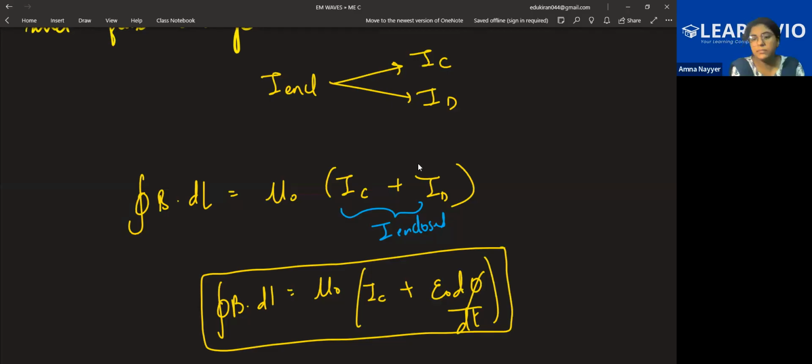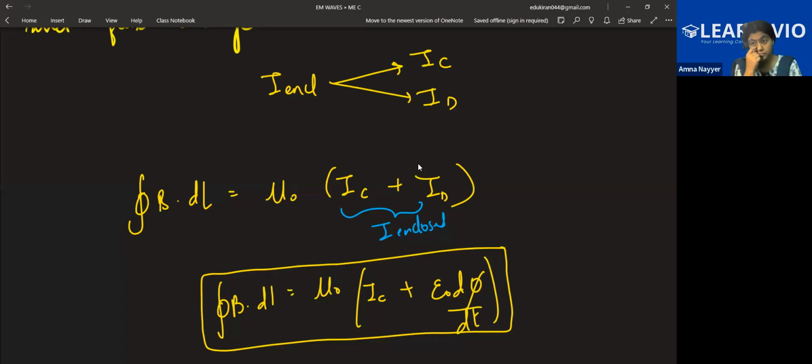Please brief us about the Gauss theorem. What was Gauss theorem? Charge enclosed by a surface is 1 by epsilon naught times the total charge enclosed by the surface.